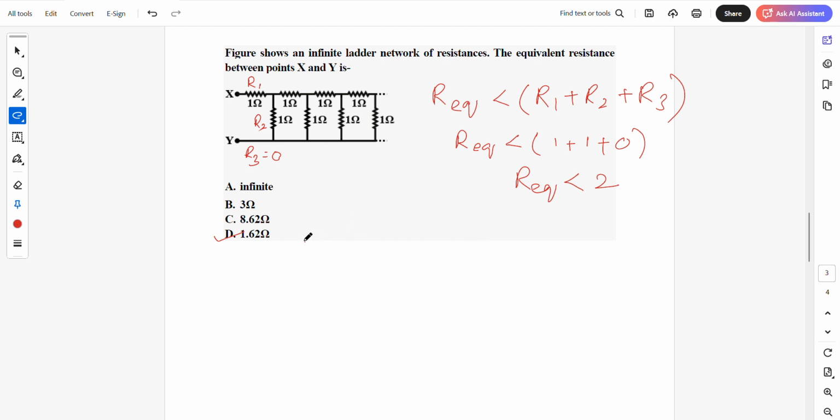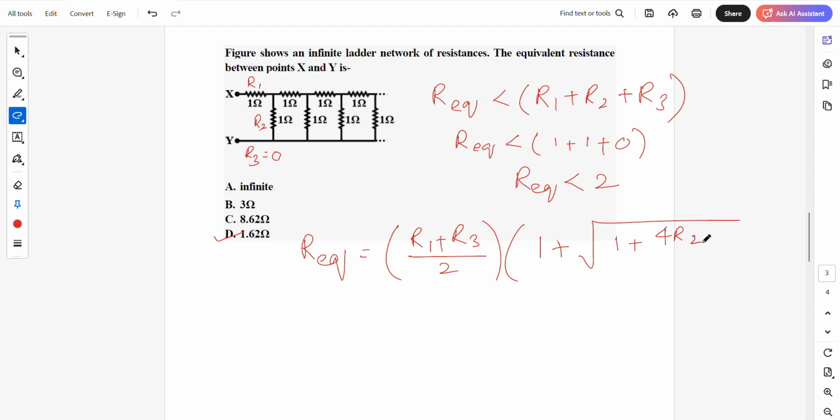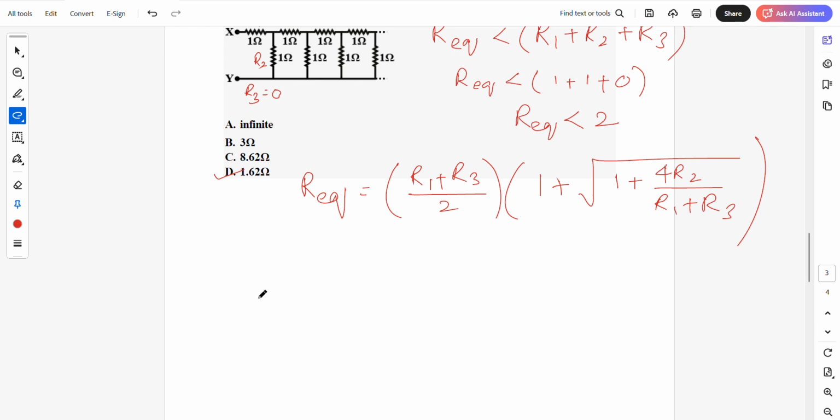But again, let us do it with the help of the formula, because you should not forget the formula. R equivalent is R1 plus R3 by 2 into 1 plus square root of 1 plus 4 R2 divided by R1 plus R3. That is equal to 1 plus 0 by 2 into 1 plus square root of 1 plus 4 into R2 which is 1, divided by R1 plus R3 which is 1 plus 0.